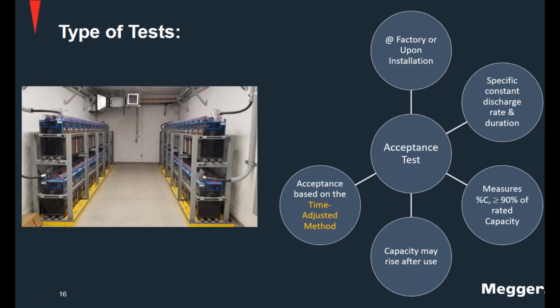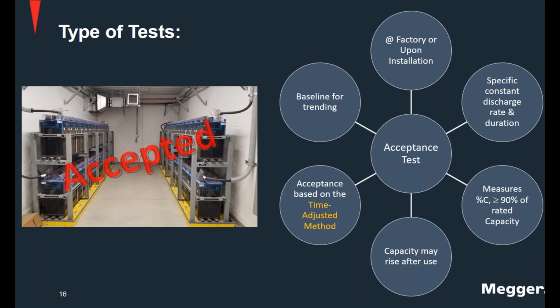When you do the acceptance test, you need to use the time adjusted method to calculate the capacity. And ideally, if you run this test at the beginning of the life of the battery, this will be your baseline for trending of the results.